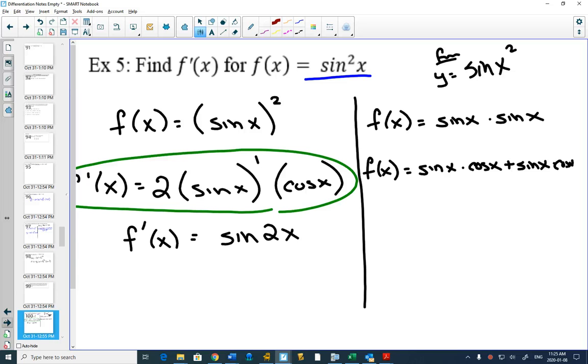So you would get sine x cos x plus sine x cos x, which those are like terms, would give you 2 sine x cos x as your answer, same answer that we had on the other side. So again, depending on how you view the question, you have more than one method to look at this.